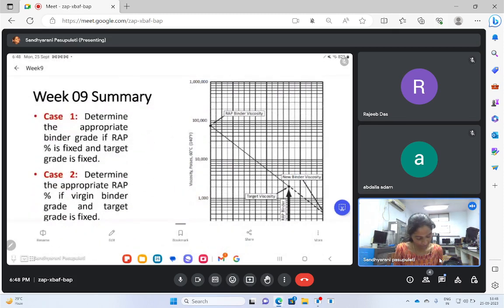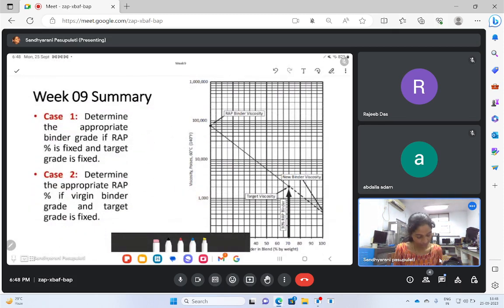So if we look at the blending charts, on the y-axis it is viscosity and on the x-axis this is new binder. So in this blending chart, there are two possibilities of asking questions.